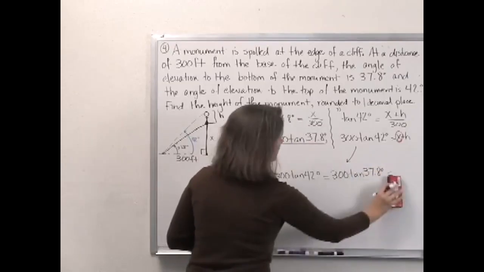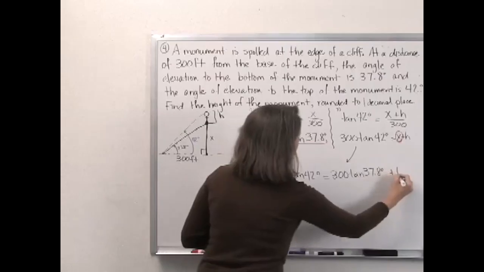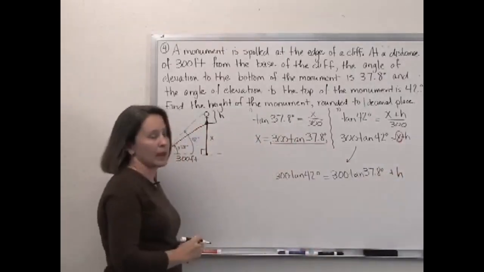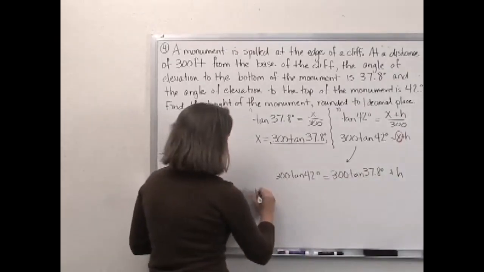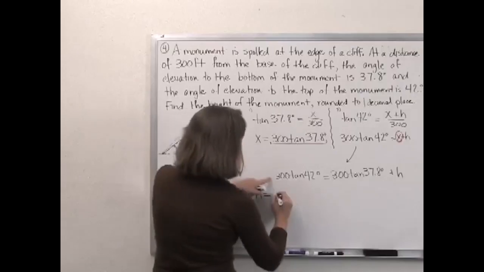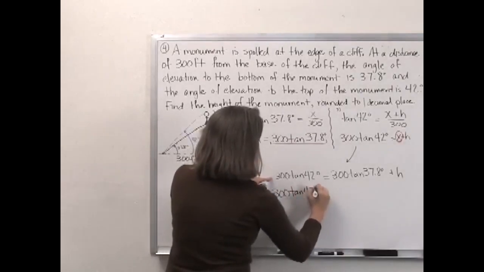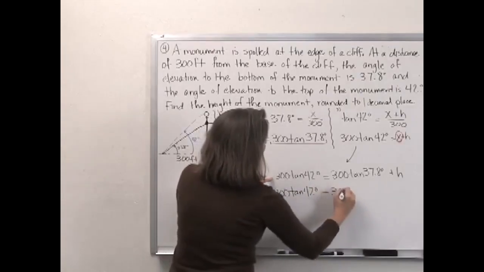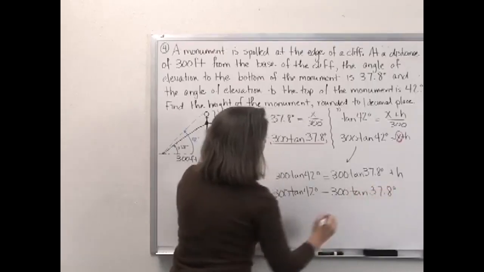And this should be a plus sign because it's x plus h. And to get h by itself, I need to subtract this expression from both sides. So h is going to be 300 tangent 42 degrees minus 300 times the tangent of 37.8 degrees.